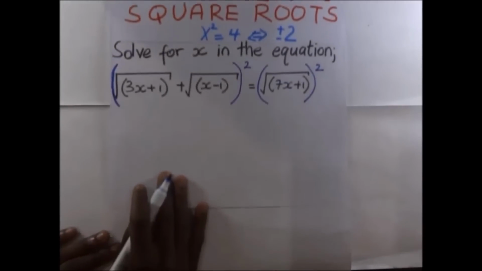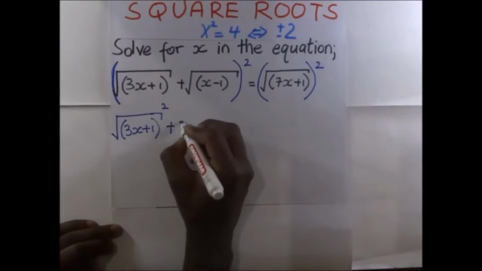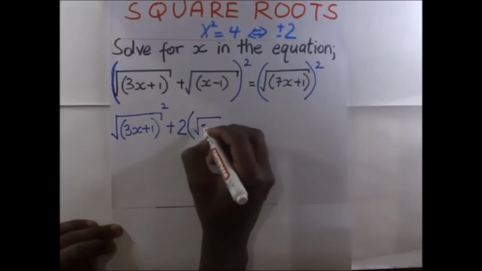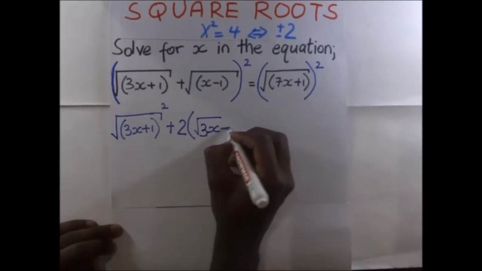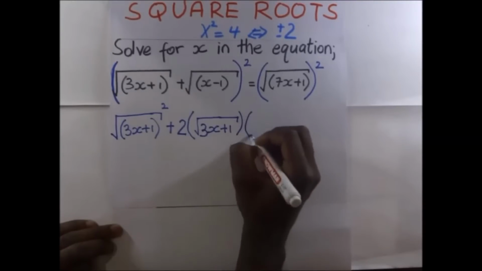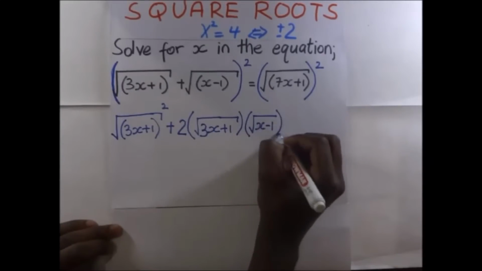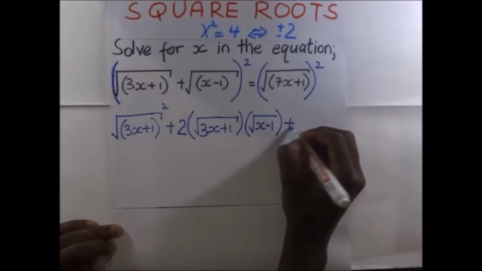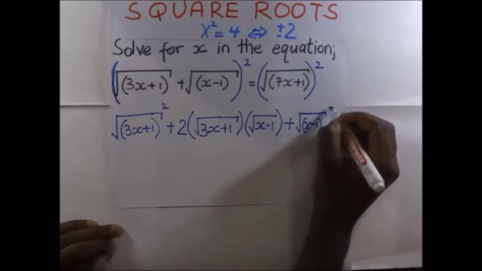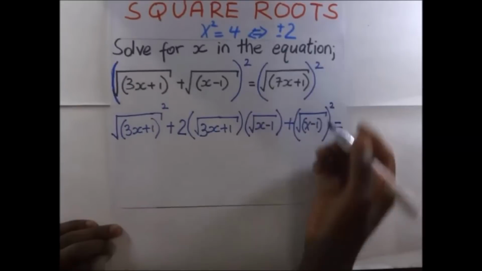So when we square both sides of the equation, we shall get this squared plus 2 times this times that, plus this squared. And that is going to be equal to that squared.